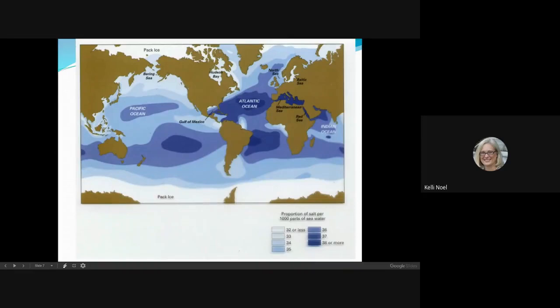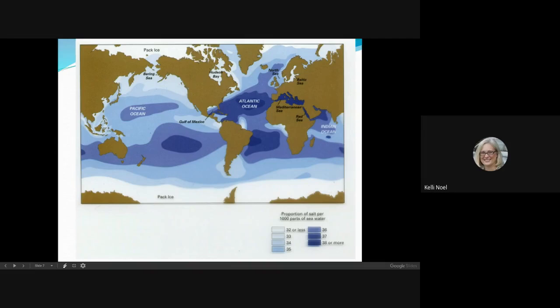If you see this image here, the darker it is, the more salts per thousand, or the higher that number is. The Atlantic Ocean has quite a bit, with right in the middle having the most.